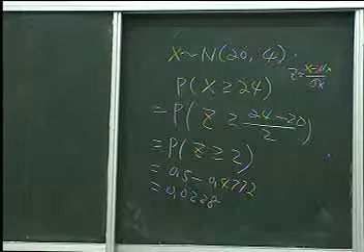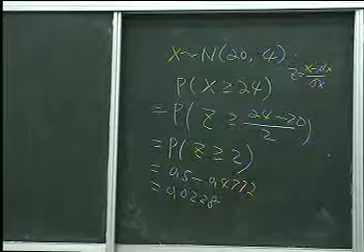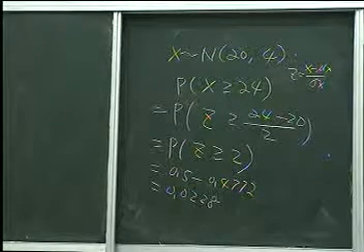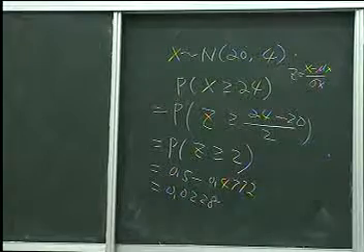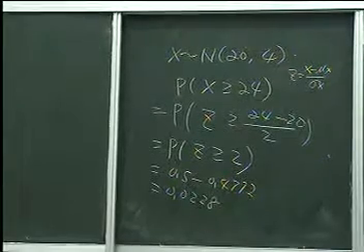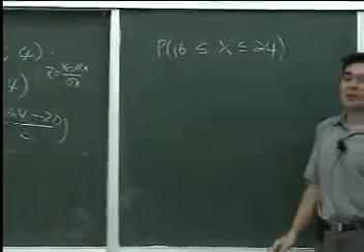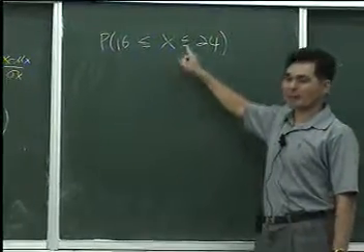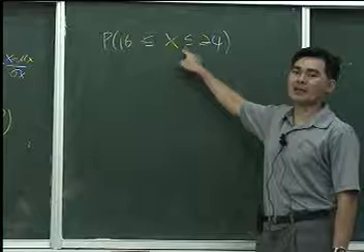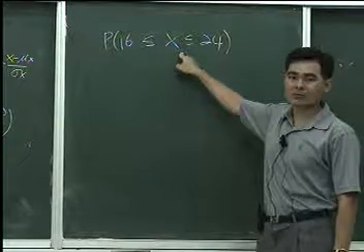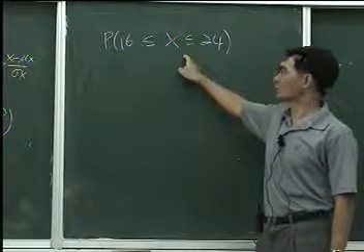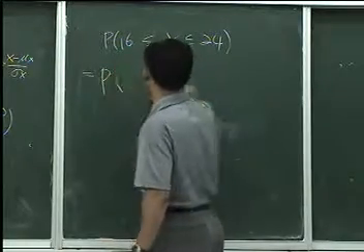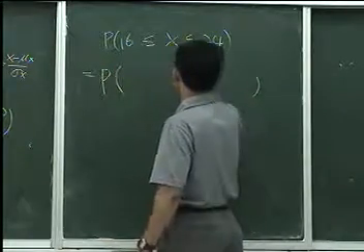Now let us get to another example. Now we want to find the probability of X less than or equal to 24 and greater than or equal to 16. Of course, in this case, you don't have a table for this distribution. We only have a table for standard normal, so you have to turn it into Z. P and then Z, right?